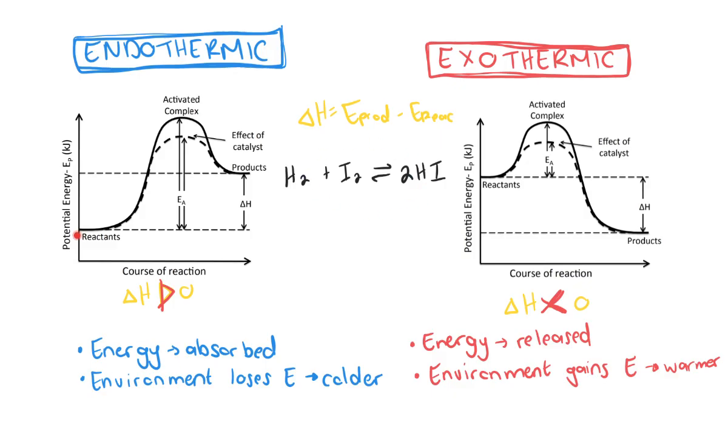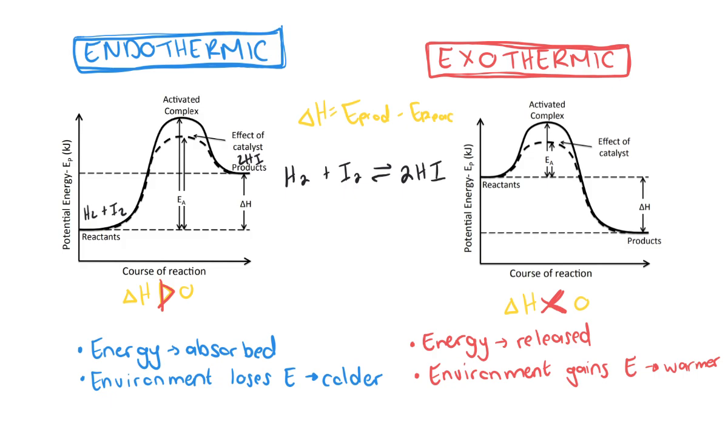So if this is my forward reaction, this would be my reverse reaction. So the products will become my reactants and the reactants will become my products. But anyway, for my forward reaction, this is the delta H, the difference between the energy of the products and the energy of your reactants. And your activation energy is this change in energy here, the amount of energy to get it on top of the hill, and then it starts rolling.